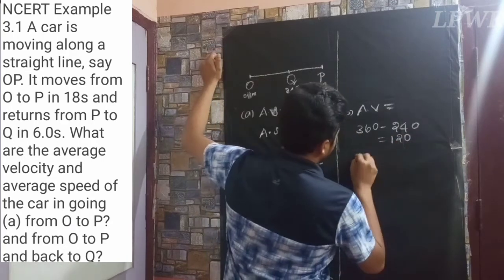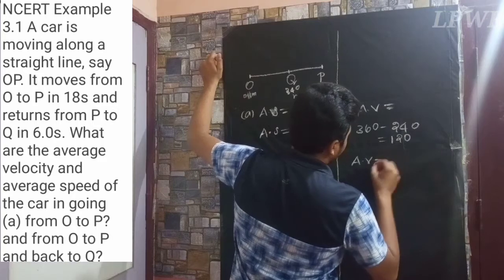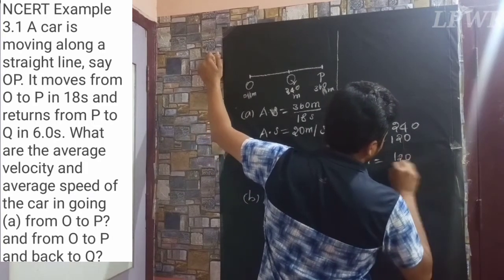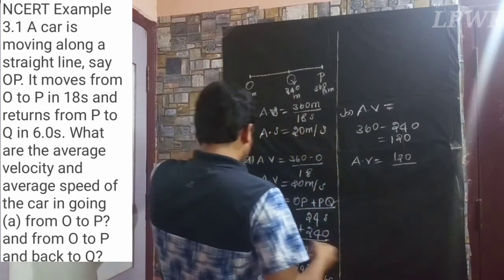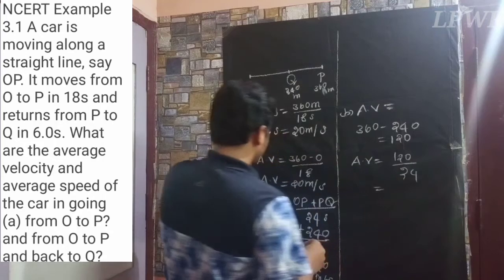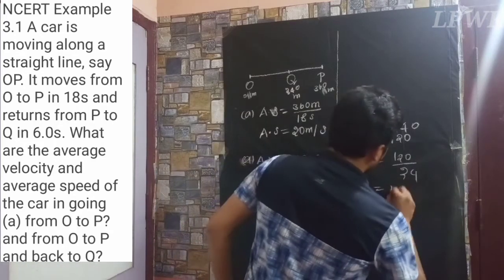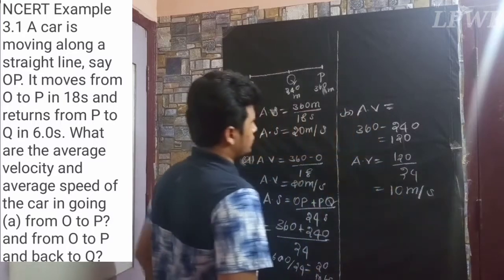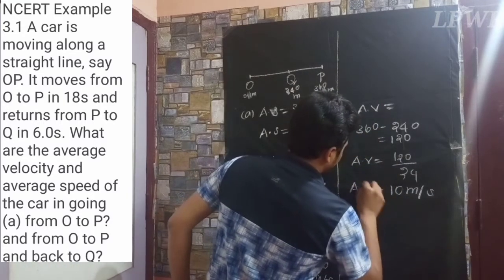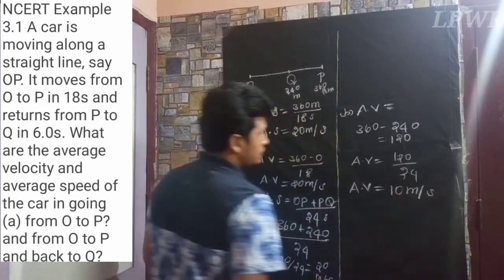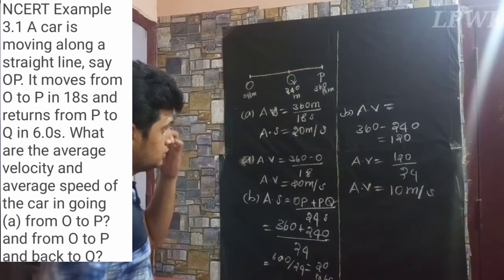Okay, and then what will be the answer for average velocity? 120 by the same, 24 seconds. So 5 meter per second. Okay, the answer for average velocity is equal to 5 meter per second.